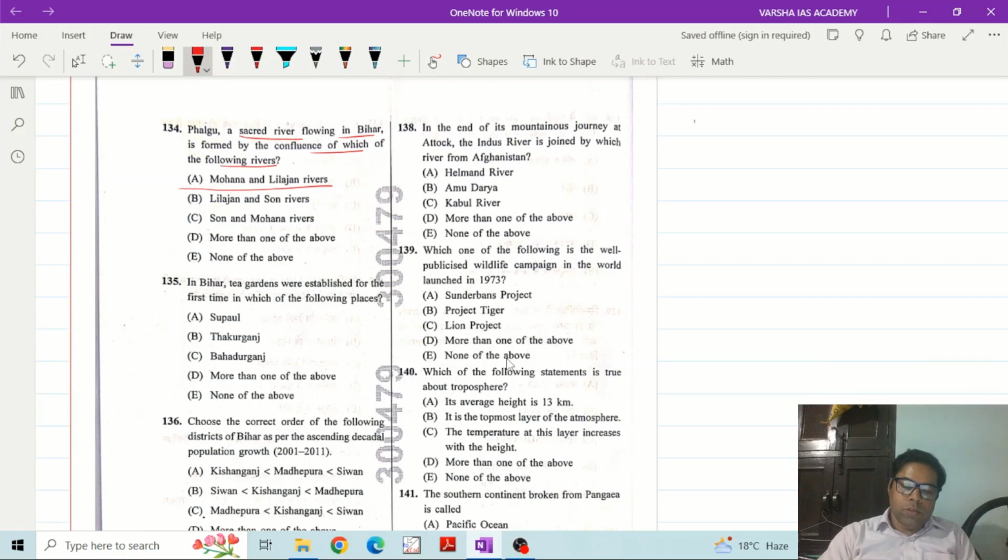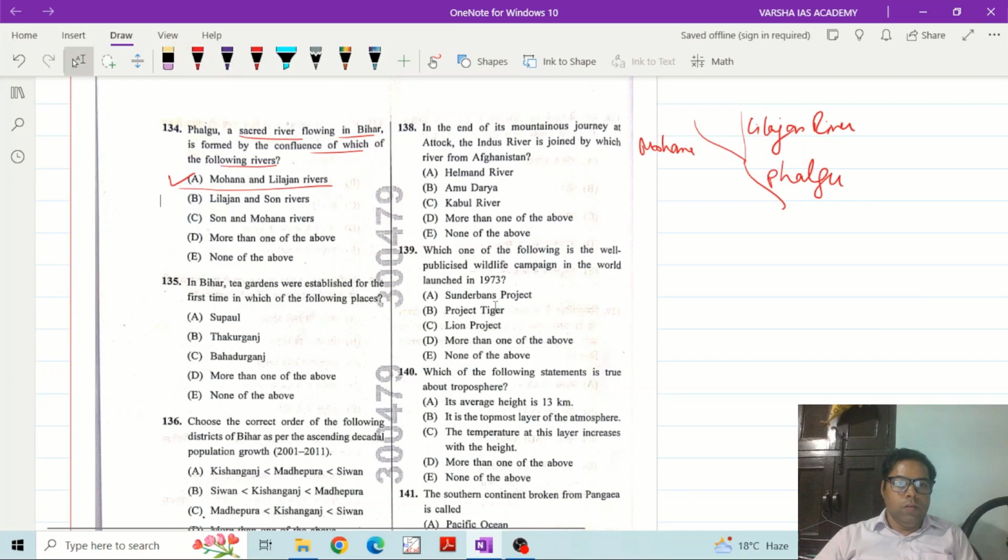At the confluence of Mohana and Leela Jan river, there is the Falgu river, it is called Falgu river. This is Mohana and this is Leela Jan river. Right? So the answer of this is A for 134.